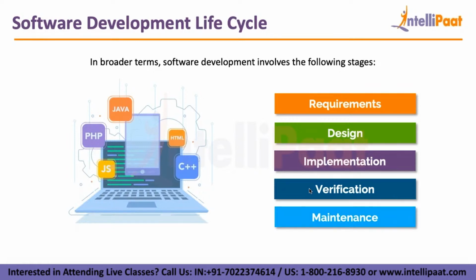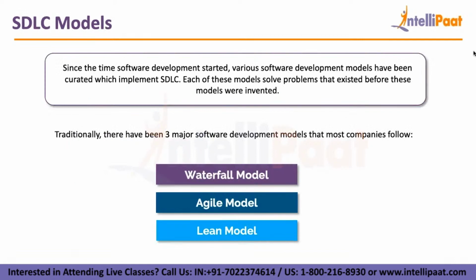Now let me walk you through the different methodologies which can be implemented for these life cycle stages. There are three popular software development methodologies. The first is the waterfall model, then the agile model, and then the lean model.